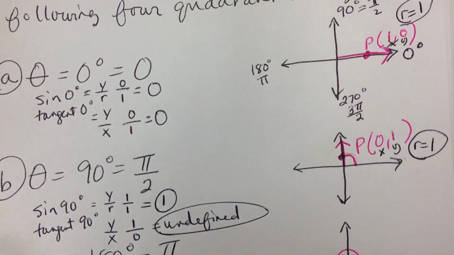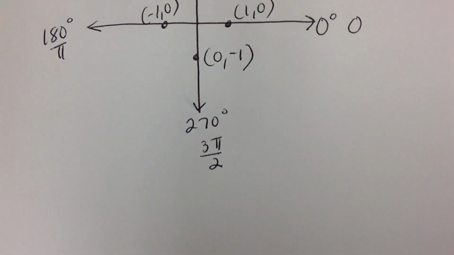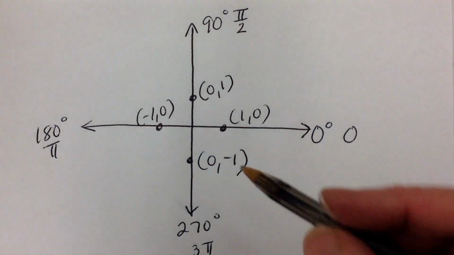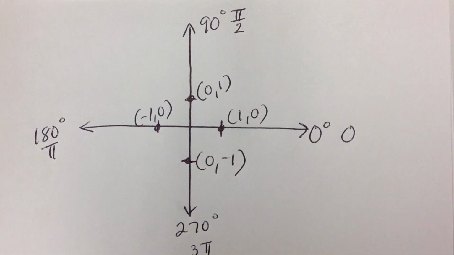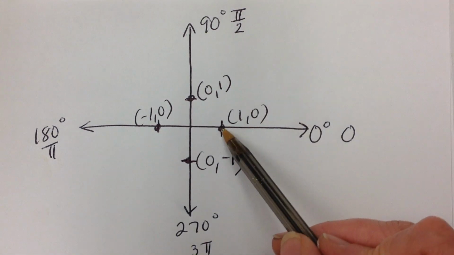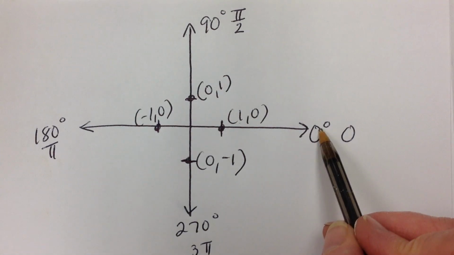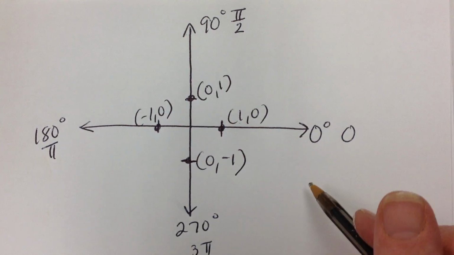Now, I want you to also look at this that I have here. I've drawn this for us so we can go back and reinforce what we've just done. When we had the point at 0 degrees, we found in the previous example that sine was 0.